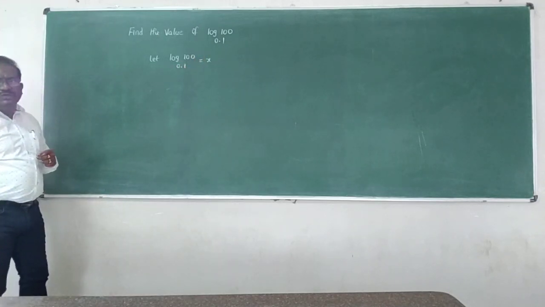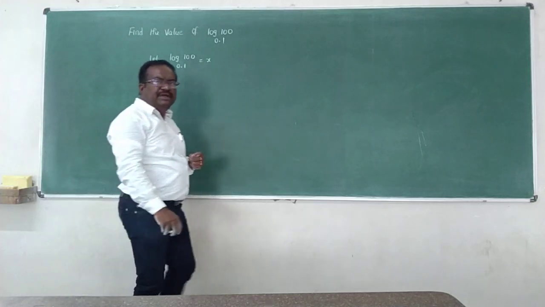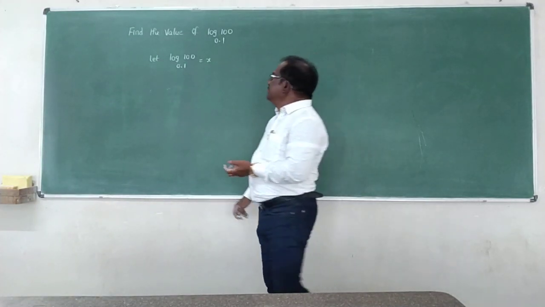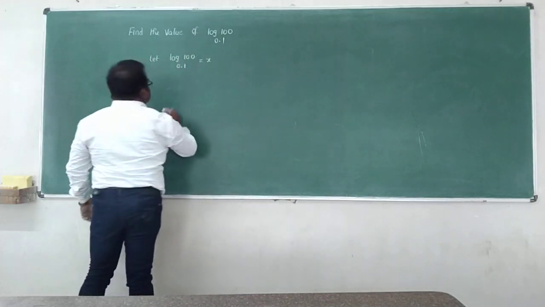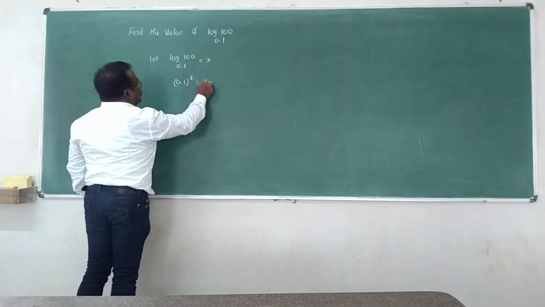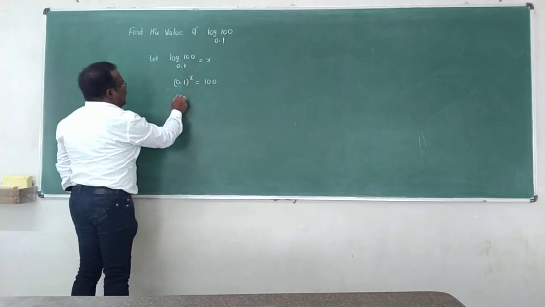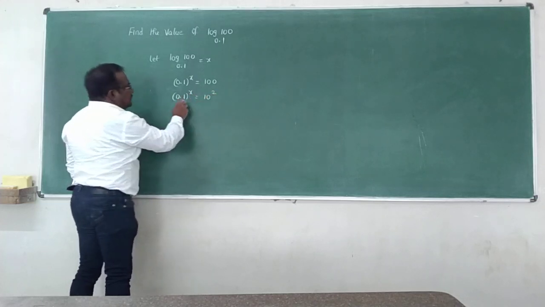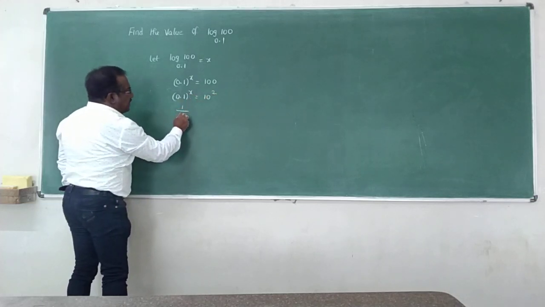After that, what should we do? We should convert the logarithm into exponential form. So what can we write, children? 0.1 whole power x is equal to 100. Again, 0.1 whole power x is equal to 10 square. 0.1, can we write 1 by 10?